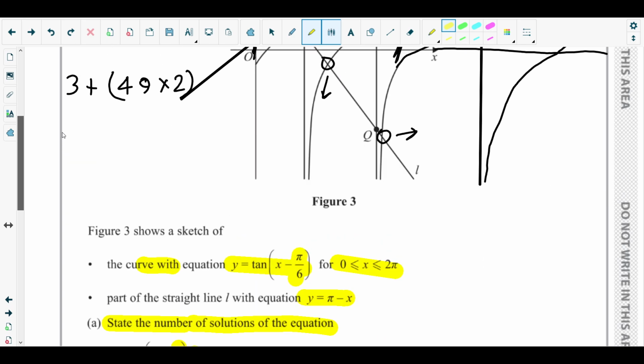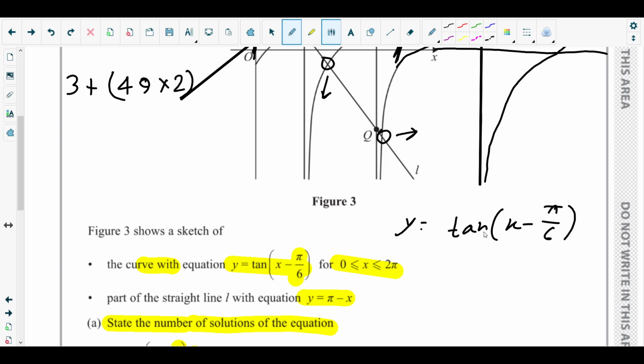Okay, right, at first consider the graph, the sketch. y equals tan of x minus pi over 6, right? So this is basically a transformed graph of tan theta. What type of transformation? x minus pi over 6, a constant pi over 6 has been subtracted within the bracket of the function. That means this is a horizontal translation, right?